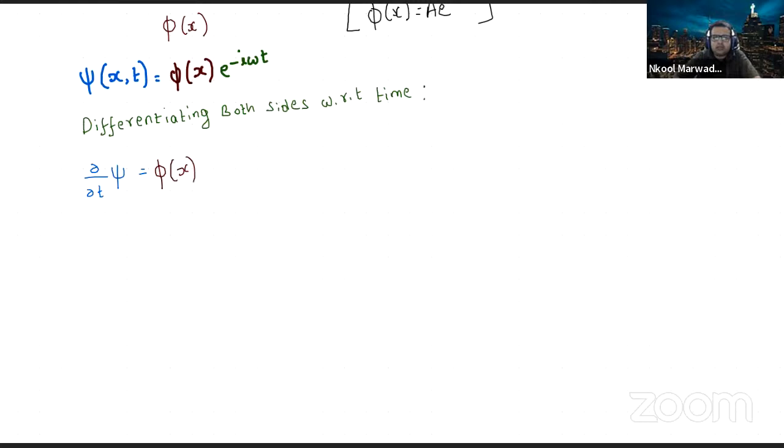And when I differentiate the exponential term, I will get e to the power of minus i omega t multiplied by minus i omega. This is what I will get after differentiation.